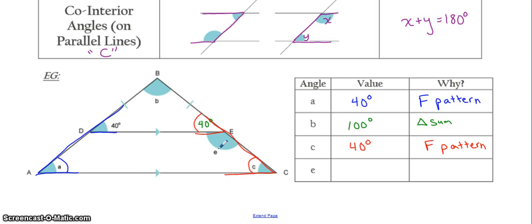And lastly, angle E, right in here, you have a C pattern. So if angle C is equal to 40, E and C have to add up to 180. So that means that angle E has to equal 140 degrees because of the C pattern.